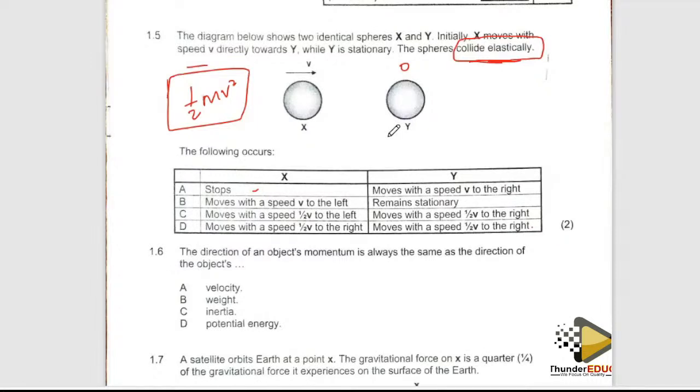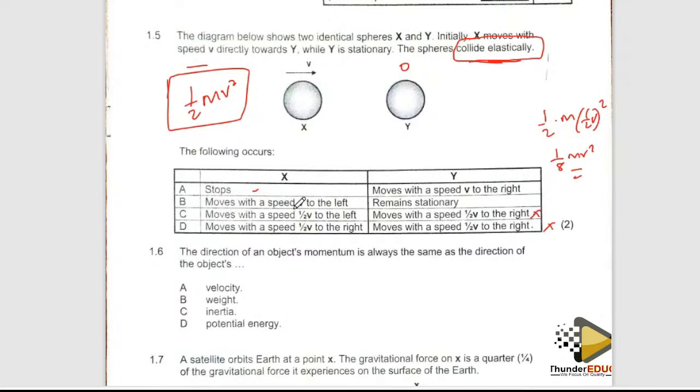If I look at the last statement, a half v and a half v, it's not going to give me my a half mv squared. Why? Because it will be a half times m, but then my v is a half v, squared. When I square that, I get a quarter times a half, which gives 1 over 8 mv squared. When I do that to this, which is also 1 over 8, that makes no sense. Same story with this, it will just cancel out to 0.